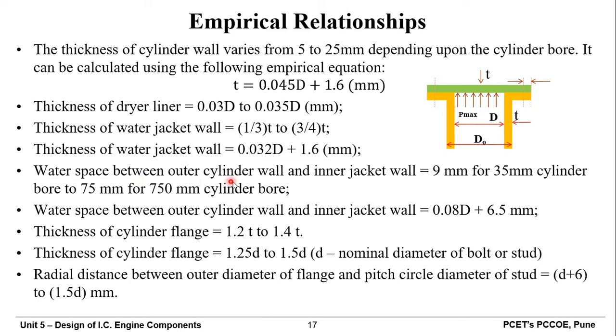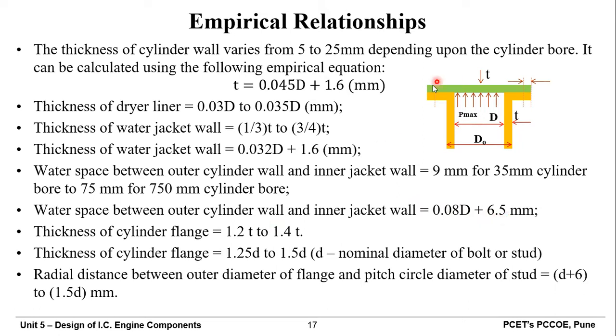Then the water space between the outer cylinder wall and inner jacket wall ranges from 9 mm for a 30 mm cylinder to 75 mm for a 750 mm cylinder. Or you can also use a general formula 0.08 D plus 6.5 mm.